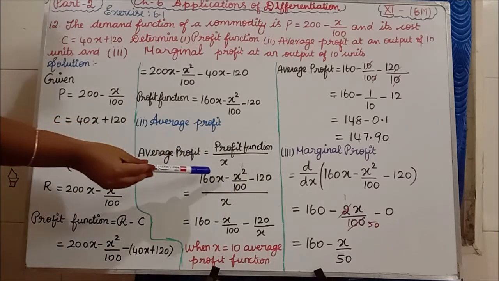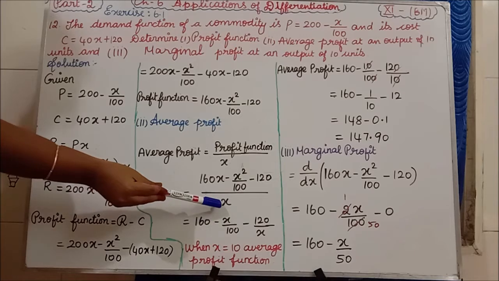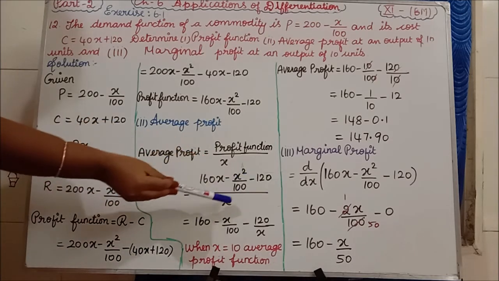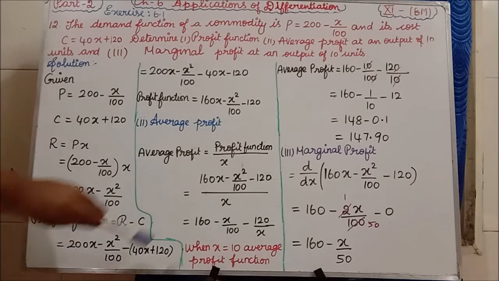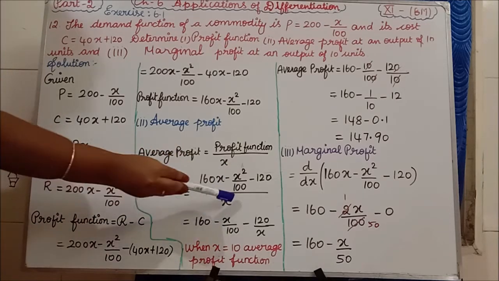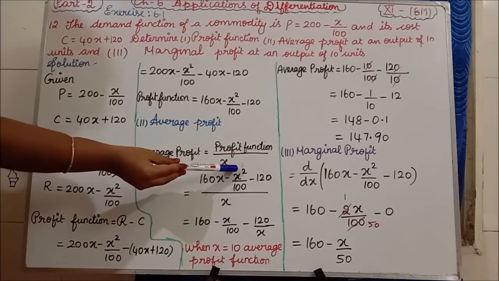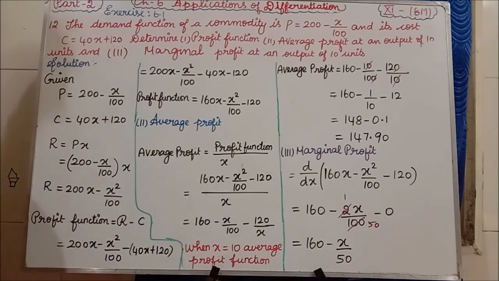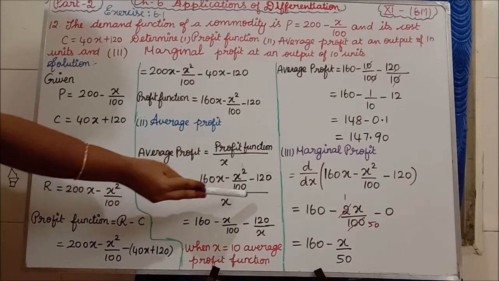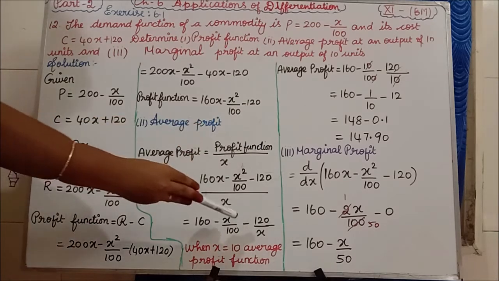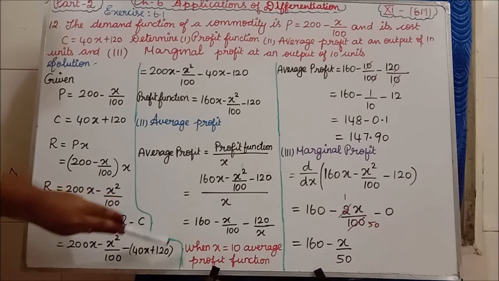Here this x is not only for 160, it is common for each term. So in this x will get cancelled. 160x minus 1x goes, the remaining 1x will be there. So x divided by 100. Here no x to cancel, so this x will be in the denominator: minus 120 divided by x. Clear all of you up to this?